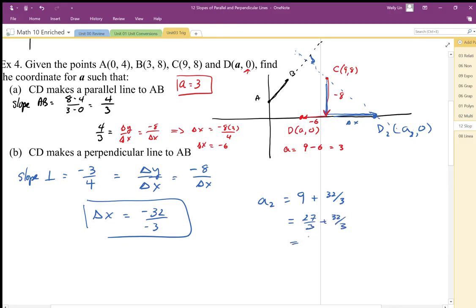So my position A2 works out to be 59 over 3, or about just under 20. Okay, so that's approximately a location of 20, 0, and that's going to give me this line through point C, which is perpendicular to the original line AB. So it's going to be 90 degrees there, and it'll pass through that point which we called A2.